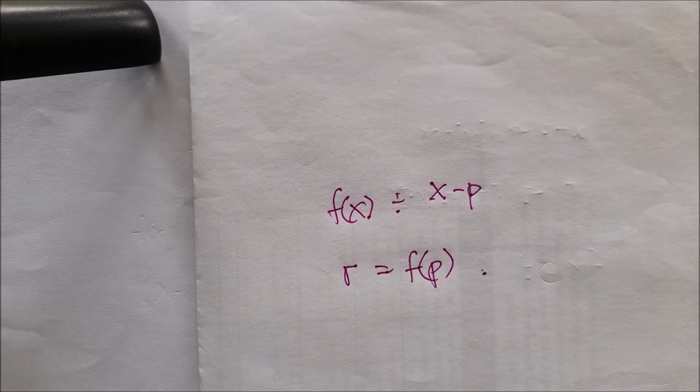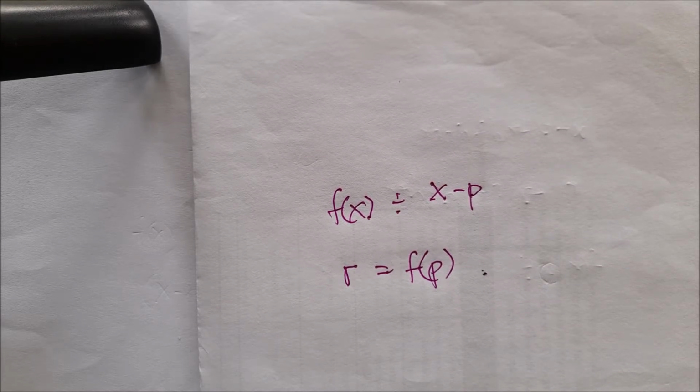This theorem is useful when we are interested in finding the remainder only, without going through the process of long division or synthetic division. We just determine the value of f of p.